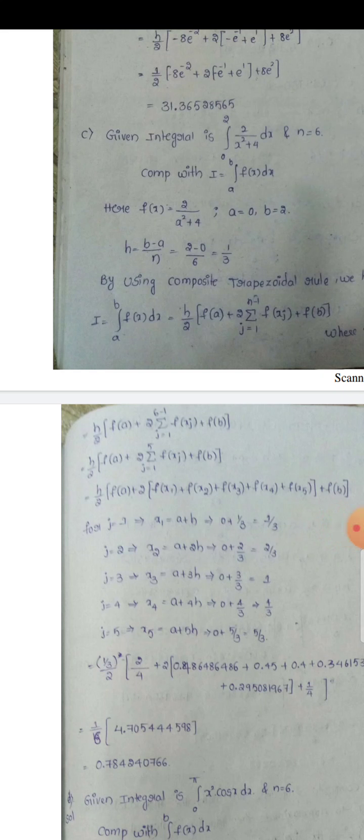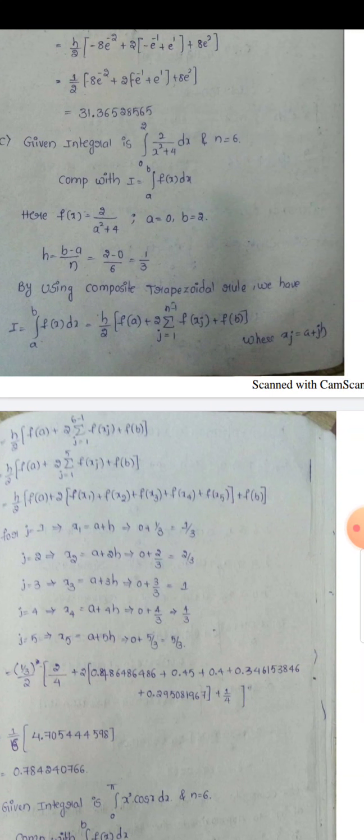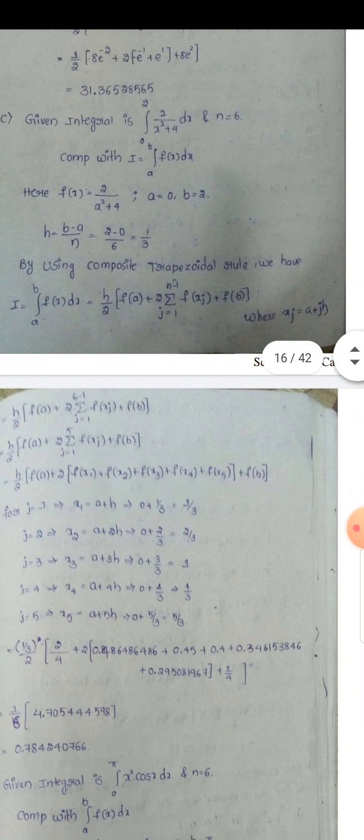h equals 1 by 3, so the integral equals 1 by 3 by 2 into 2 by 4 plus 2 into 0.0486 plus 0.45 plus 0.4 plus 0.3461 plus 0.2950 plus 1 by 4.